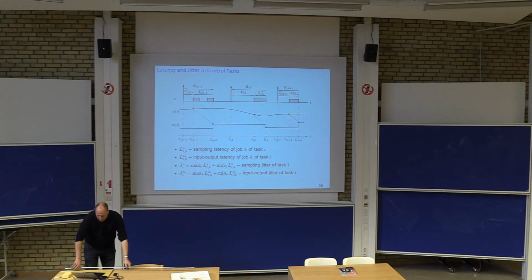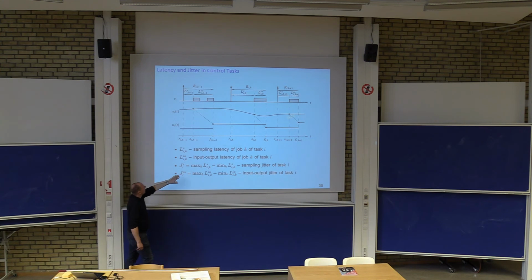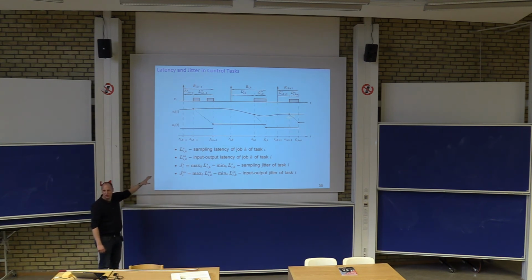What we would like to have, of course, is a low sampling latency and a low input-output latency. And we would like the jitter to be as low as possible as well, because the latency and jitter will make the analysis of the closed-loop behavior very complicated.